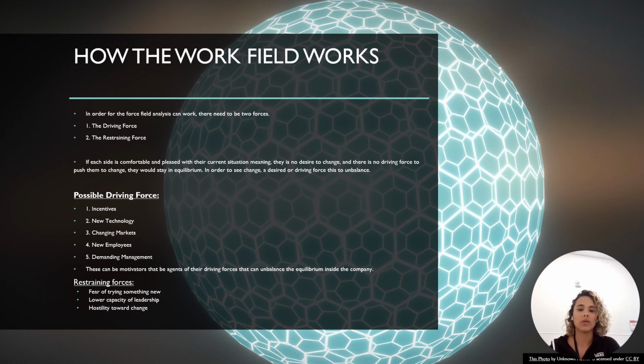That way they can view which is the highest impact factor, and if it is a restraining factor, how it can be moved and modified to improve the probability of the change.